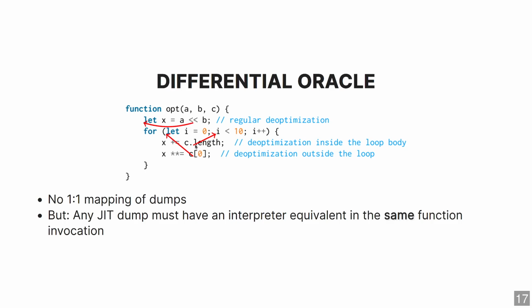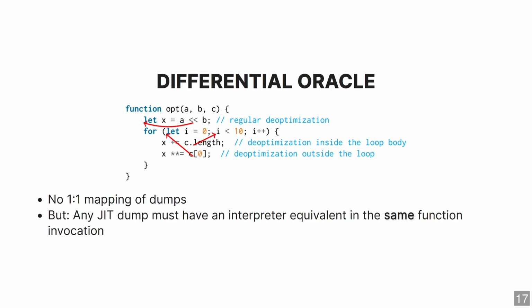But a de-optimization can also be inside a loop, which in itself is not a problem, but in combination with jumping out of loops, like this toy example basically jumps out of the loop, there is not a one-to-one mapping of dumps anymore.